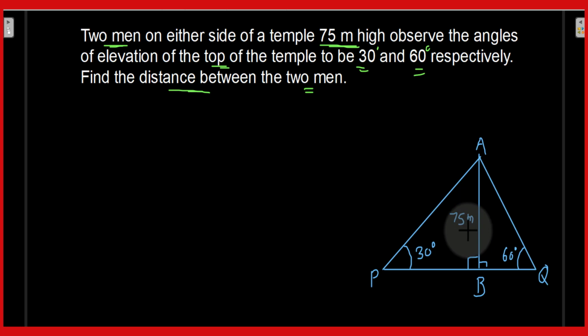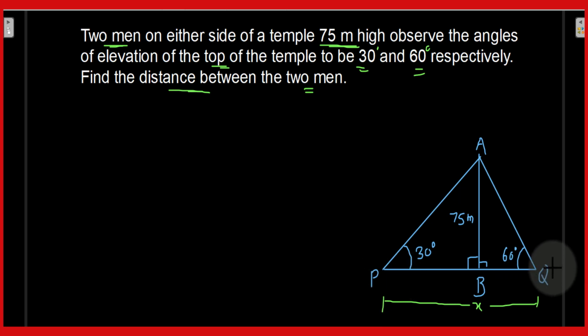The angle of elevation of the top of the temple for person P is 30 degrees, and for person Q is 60 degrees. You have to find the total distance between the two men standing on either side of the temple.